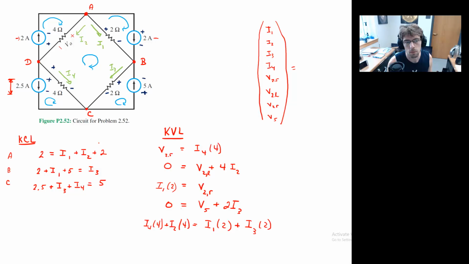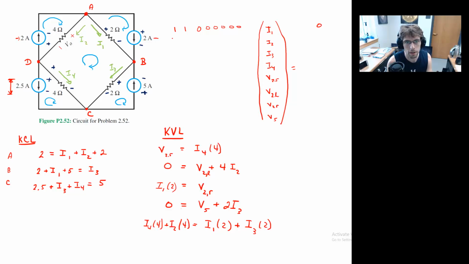So let's go ahead. We'll just start with this KCL. And what we have is 0. And we notice that it's a 1, 1 based on the order, and then zeros for the rest of it. And rather than writing the other 6 zeros, I'll just put 0 there. Okay, that's not a good way to do it. I should write 6 zeros. 1, 2, 3, 4, 5, and 6. Okay. Second one.